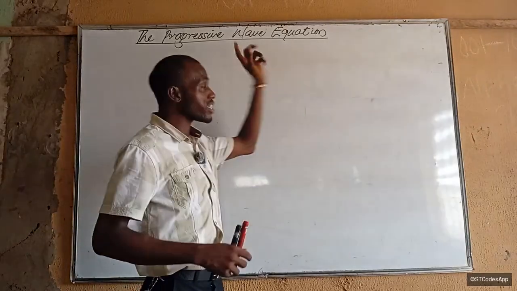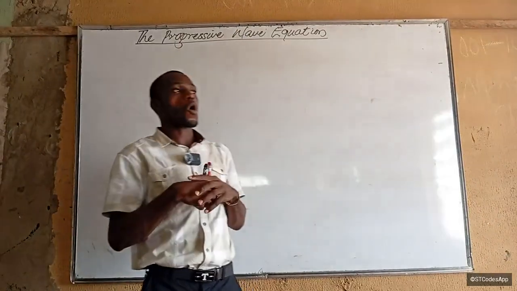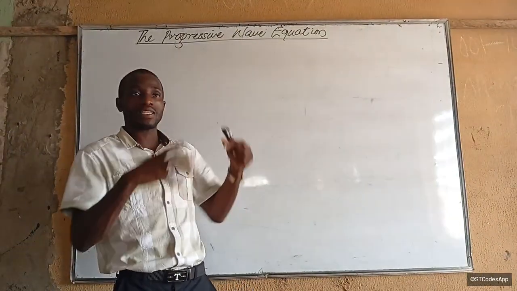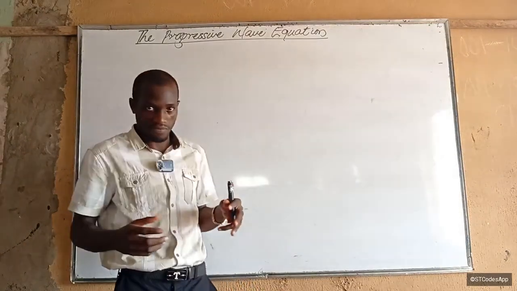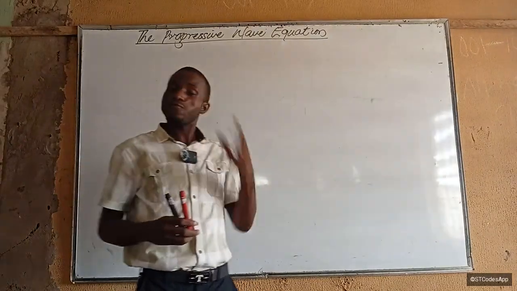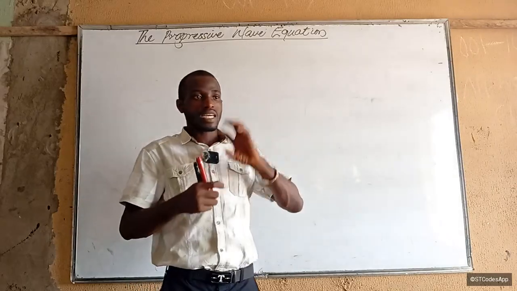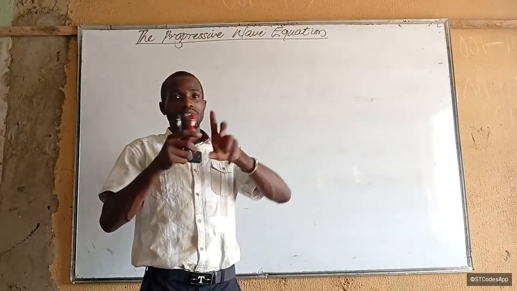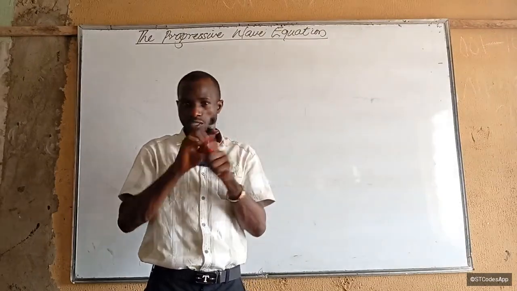Now, the equation is what is used to explain or describe the nature of what is going on in that wave. Oftentimes students tend to look at a wave like a single particle oscillator.